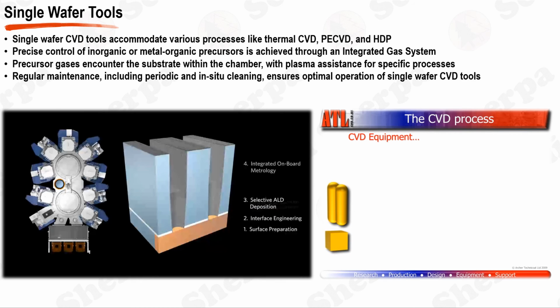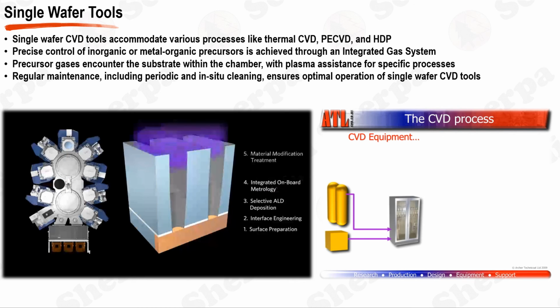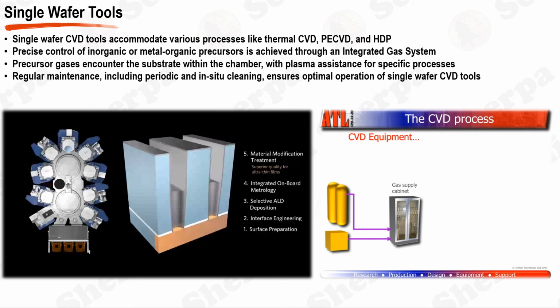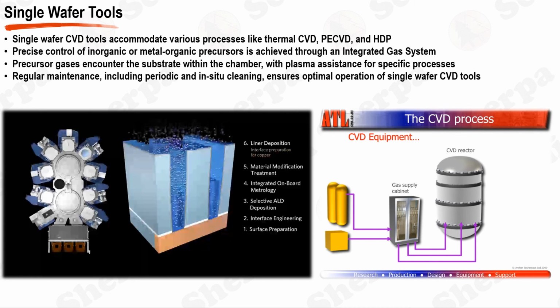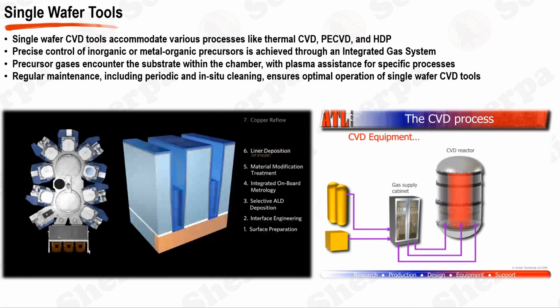This often involves periodic wet cleaning, as well as in-situ dry cleaning, to remove any residual deposition from the chamber and other process components. By understanding these aspects of single-wafer CVD tools, one can appreciate their critical role in achieving high-quality, repeatable deposition processes in the semiconductor manufacturing industry.